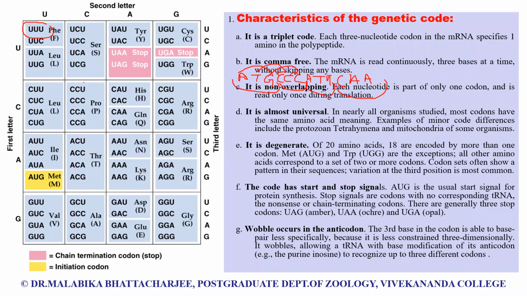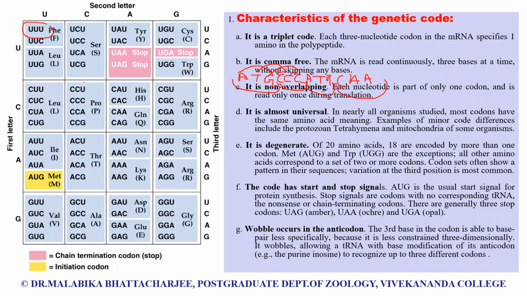The fourth character is that the code is universal. Almost all organisms share it; we say it is evolutionarily conserved. All organisms that have been studied usually have the same codons that mean the same amino acid. However, there are always exceptions to a rule. The code is not completely universal.